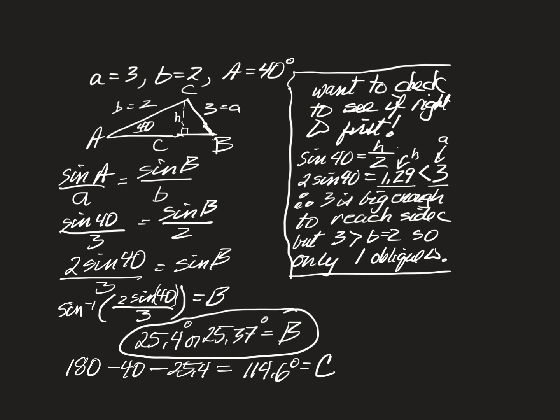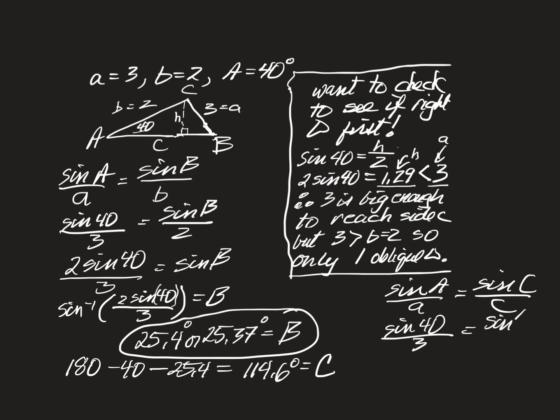Once I have angle C, then I can do sine of A over A equals the sine of C over C. And I can solve for side C. So the sine of 40 over 3 equals the sine of 114.6 over side C. Okay?